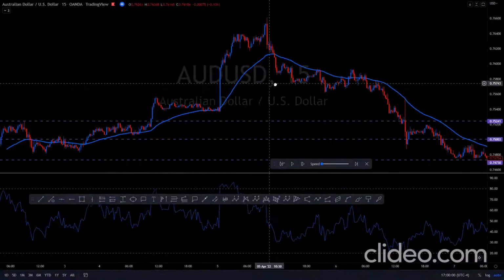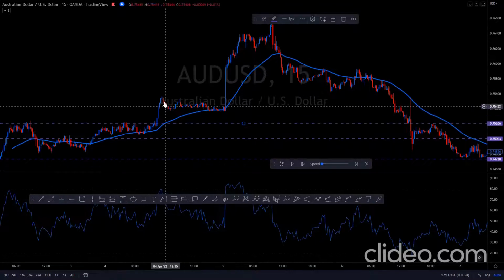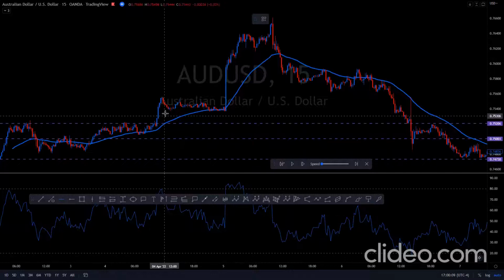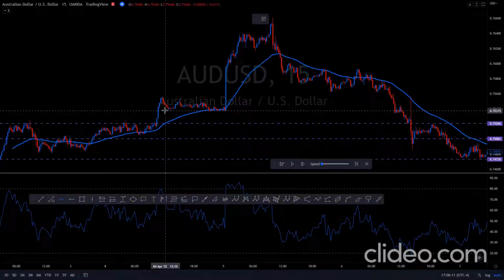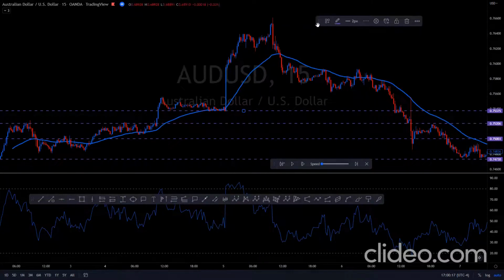And then we had another supply zone here. Well, no, another base demand zone here. Okay. And that's what made price go all the way up and ultimately hit this demand zone up here.